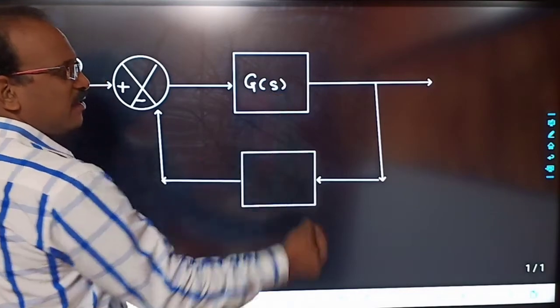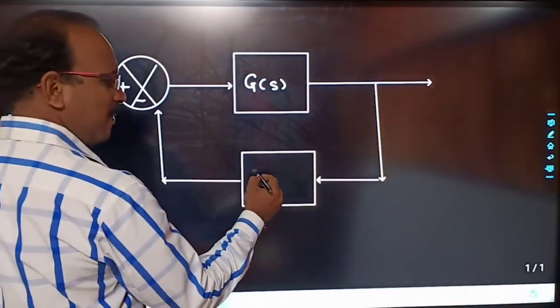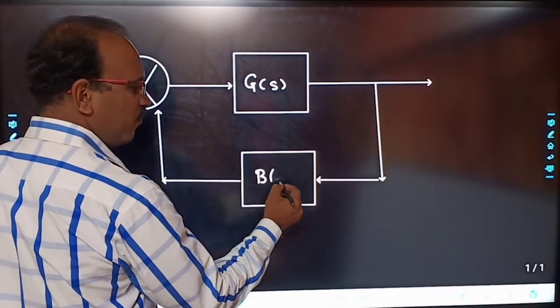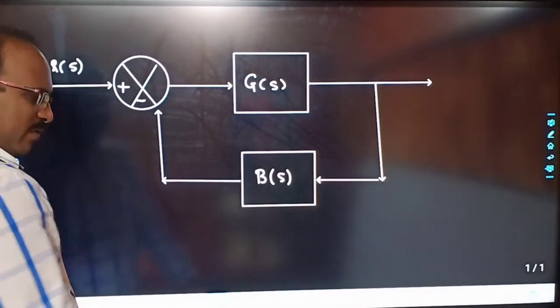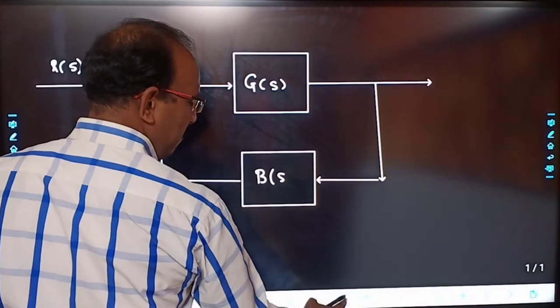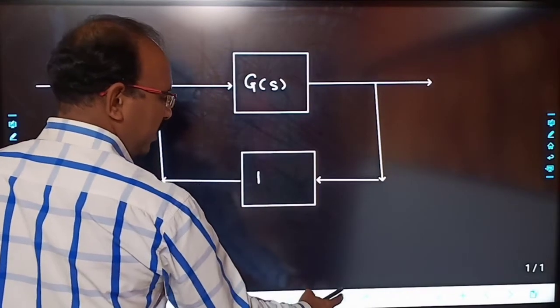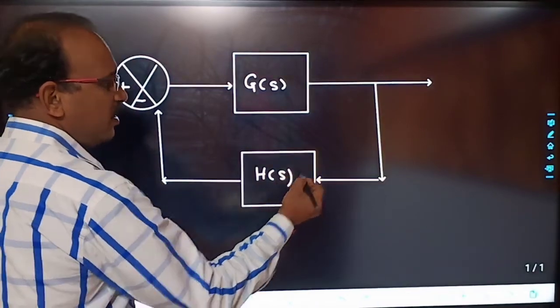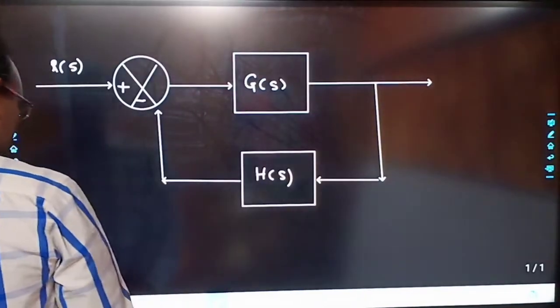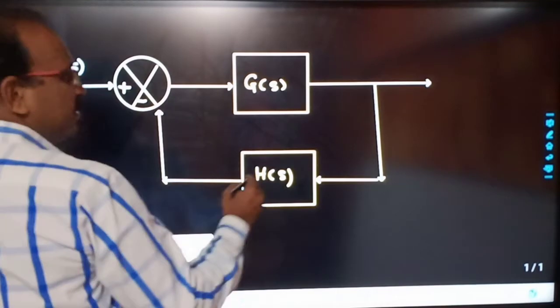What is s? s is the suffix for the Laplace. This is the back signal, which is called B(s), or it can also be written with H(s). And here is the takeoff point.